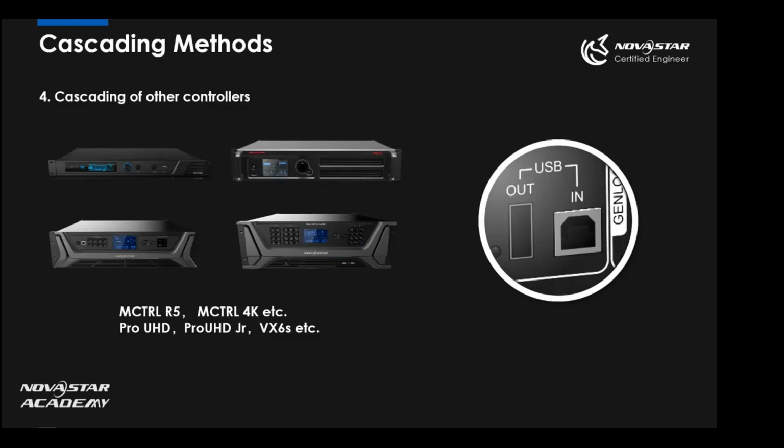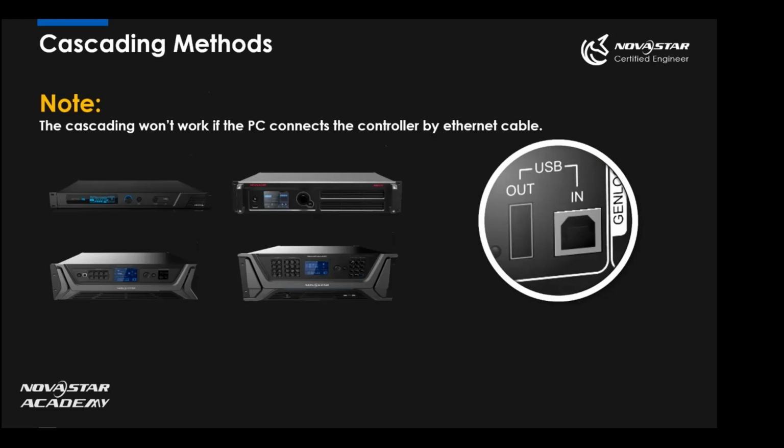The answer is no. If we use the Ethernet cable to connect the first device, but we connect the rest of the controllers by USB cable, it cannot work. So in this situation, if we want to connect multi-device like this, we have to use USB cable only. So this point, I think you'd better take care of this.